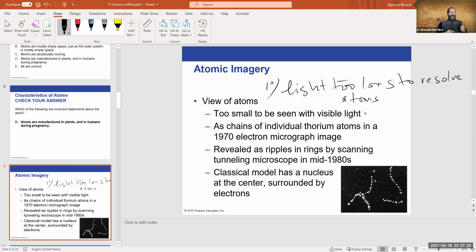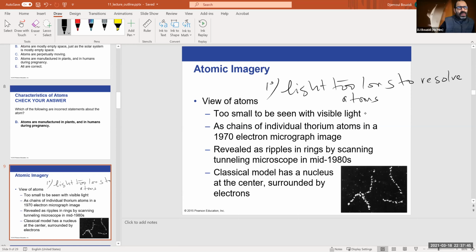Yes? Okay, very good. So the light is too long, even with the shortest wavelength, still to resolve the atoms. That's why we cannot see it with our eyes, even on a regular microscope. However, an electron microscope can take good pictures of it.